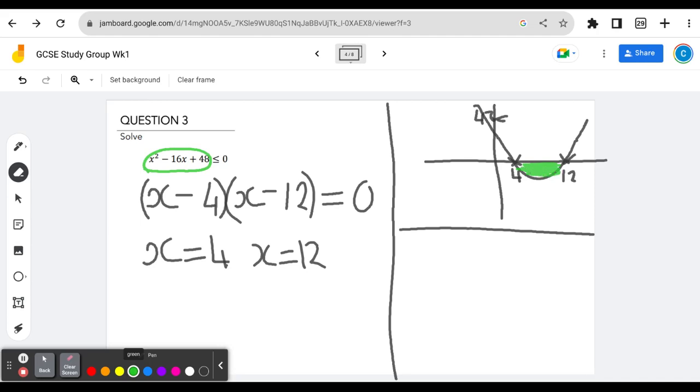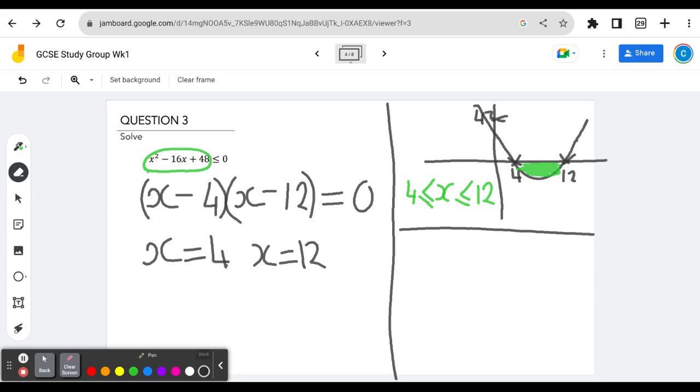So the x inputs for those, you can see here, would be that all values between 4 and 12 will give me those negative y values. So the region where x squared minus 16x plus 48 is negative, is less than 0, is that.